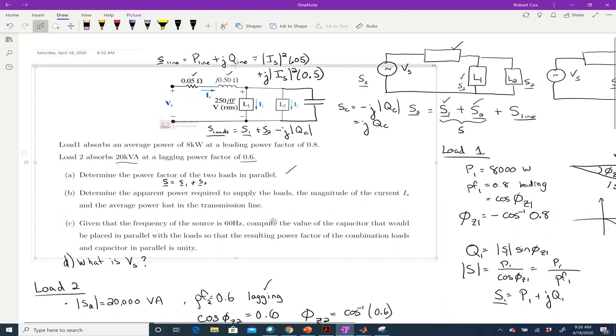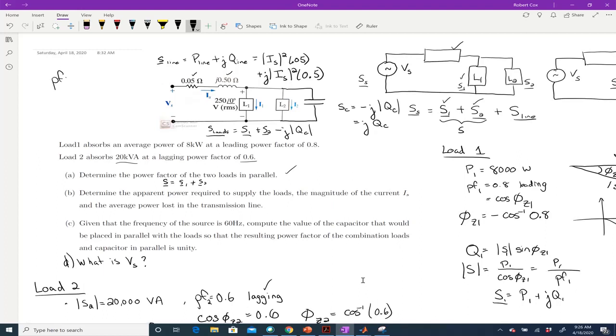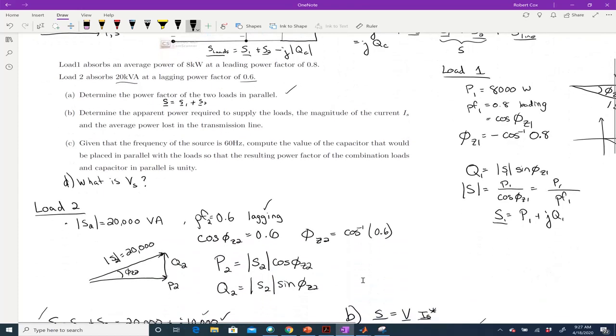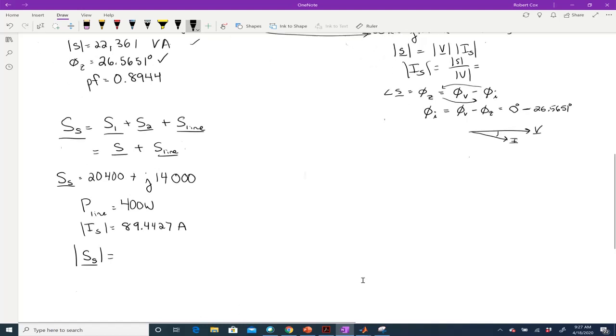If the power factor needs to be unity, let's just think about that for a second. So if power factor is 1, that means that the cosine of phi z is 1. So that means that phi z needs to be 0 degrees. So that means P is pointing this way and S is pointing this way. So there is no Q. Okay? So what that means is I want no Q to be here.